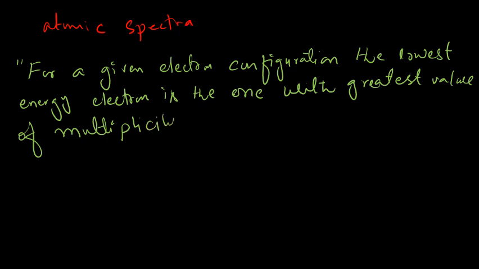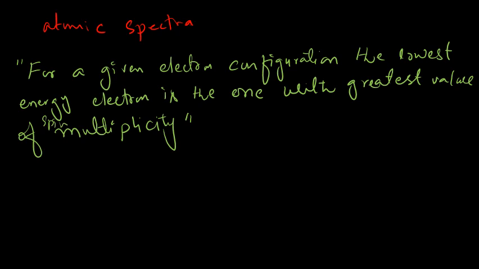So the electron which has the greater value of multiplicity will be the electron of lower energy. So this is Hund's rule. It is also called Hund's rule of maximum multiplicity, that is, the electron which has the greatest value of spin multiplicity.